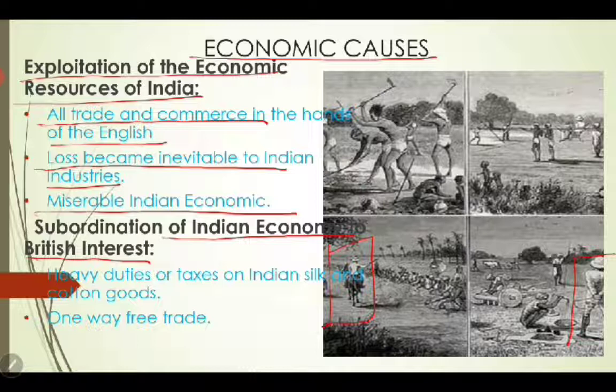So, the Britishers asked the Indians to grow indigo dye, cotton, silk, which were cash crops. They did not allow the farmers to grow food crops. So, whatever changes they brought in the economy were according to their profit.